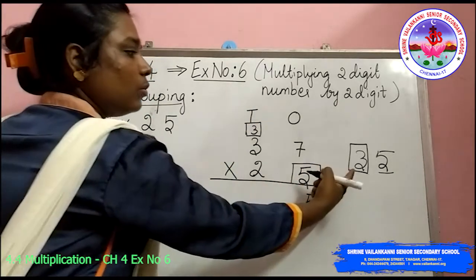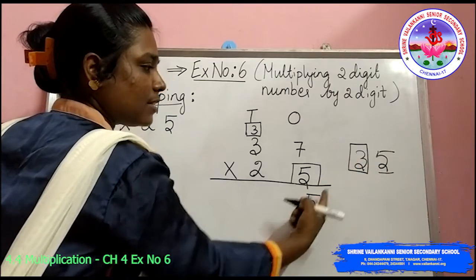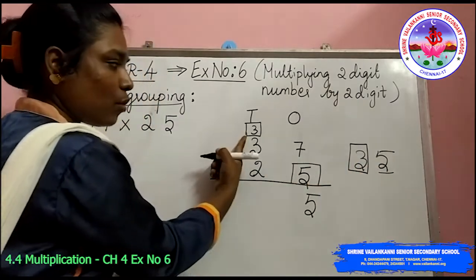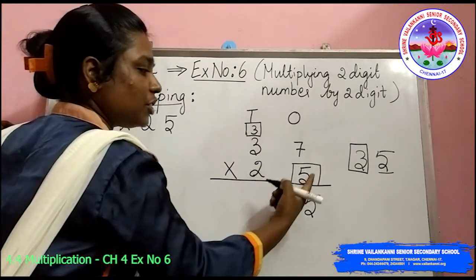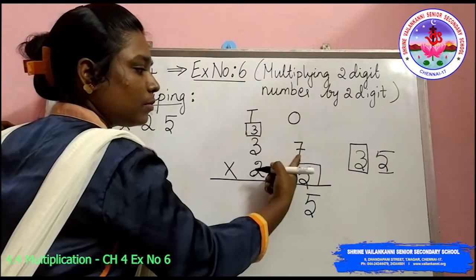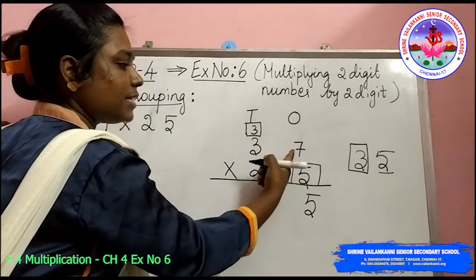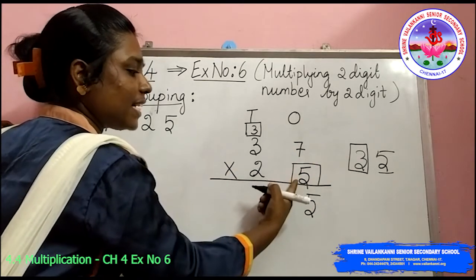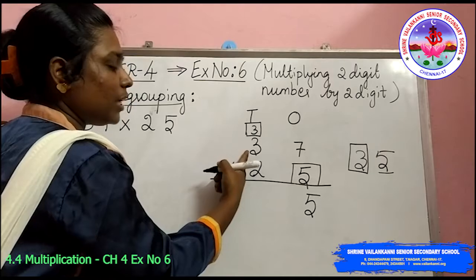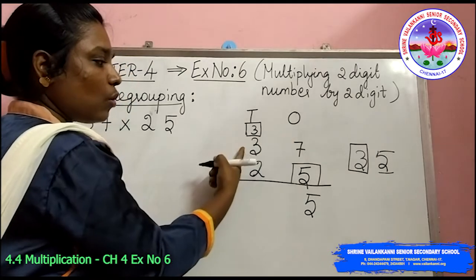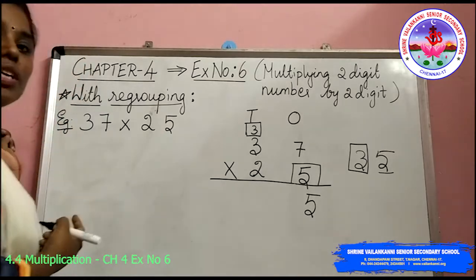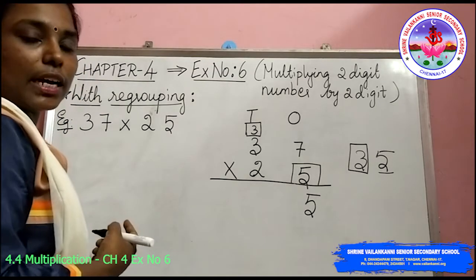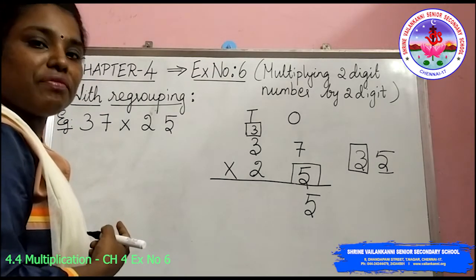Now this ones place is given in the answer. This tens place is carried forward to the next place value, the tens place. Now multiplication of ones is over. 5 into 7 gives 35. So next 5 into 3. After the ones place comes the tens place, no? 5 into 3. What is 5 threes are? 5 threes are 15.